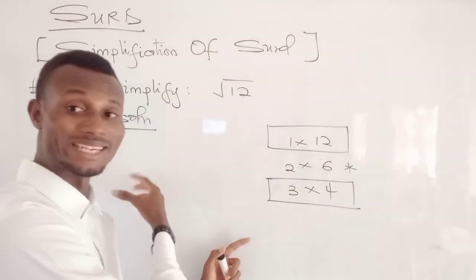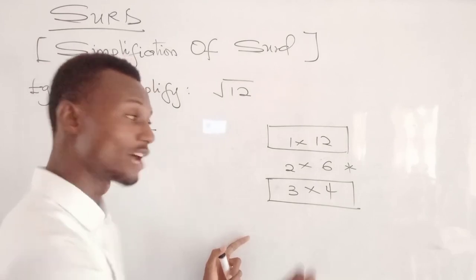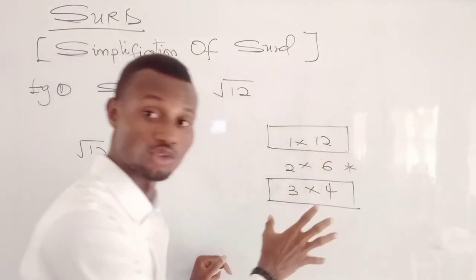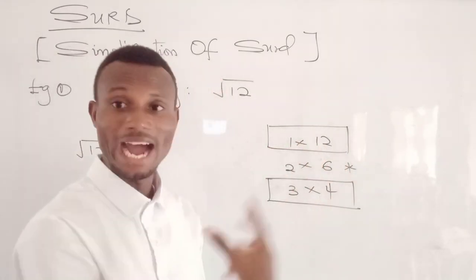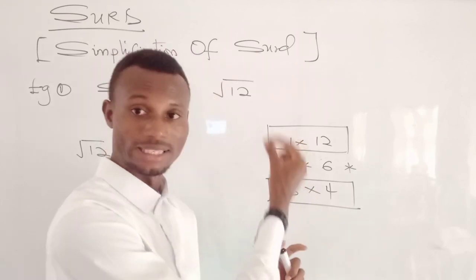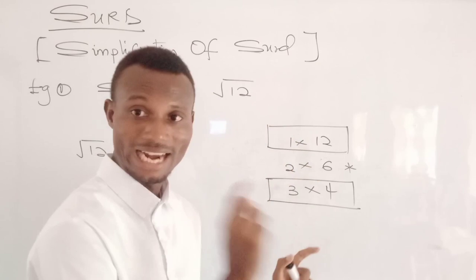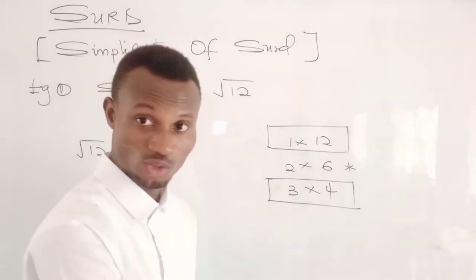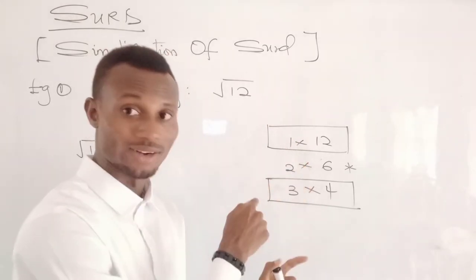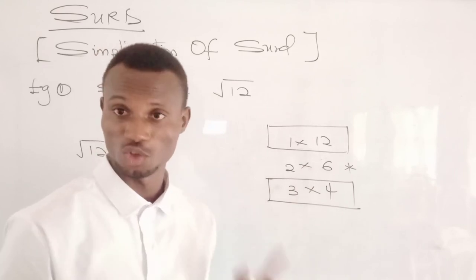It will make it difficult for you to simplify further. That's why I'm not picking the 1 times 12. So you pick any other number which is a perfect square aside from 1. That is the simplest way to understand it.